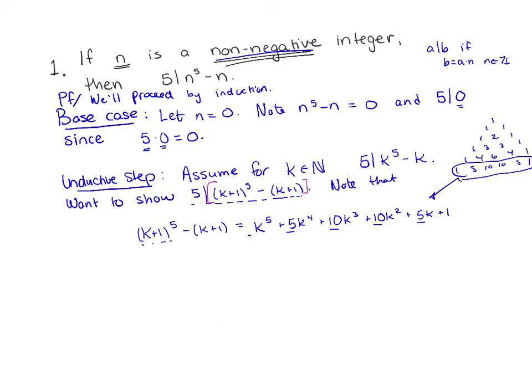So that was just (k plus 1) to the fifth, minus k, distribute that minus 1. So my 1s cancel, and I'm just left with k to the fifth plus 5k to the fourth plus 10k cubed plus 10k squared plus 4k.